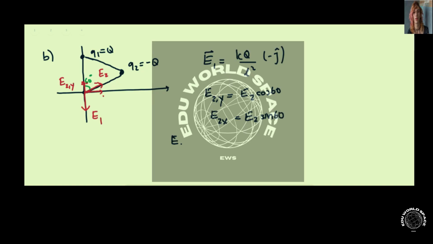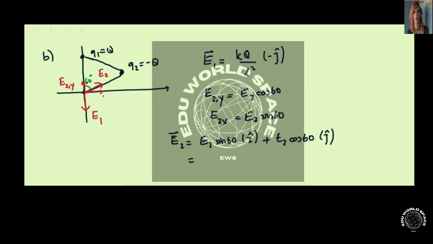And if I want to write the E2 vector, then E2 sine 60, this time it's positive i hat, plus E2 cosine 60 positive j hat, because now the y component is up, right?